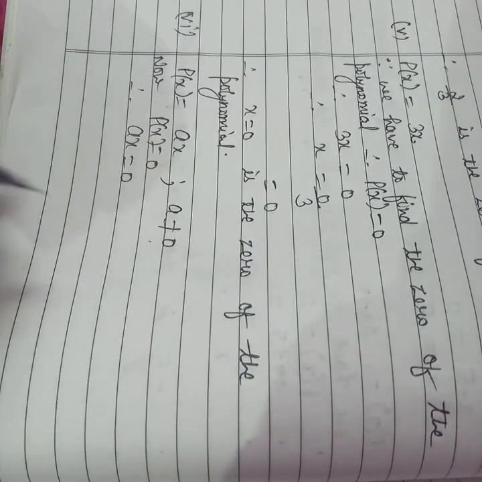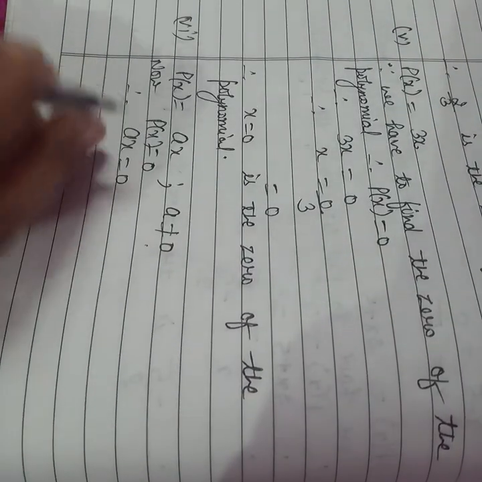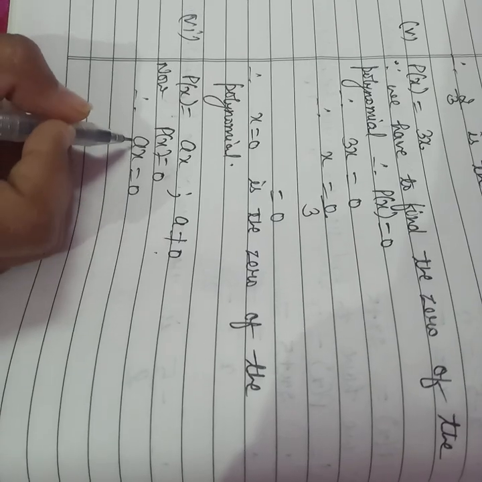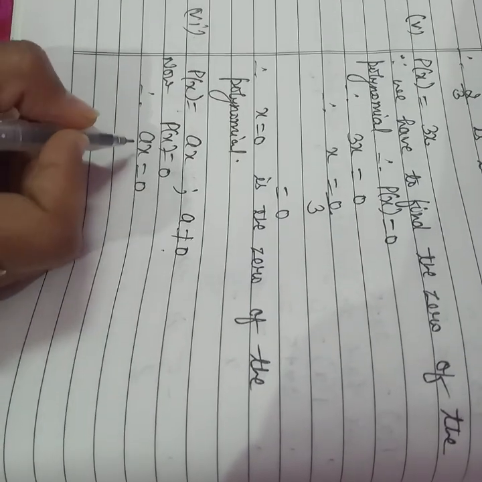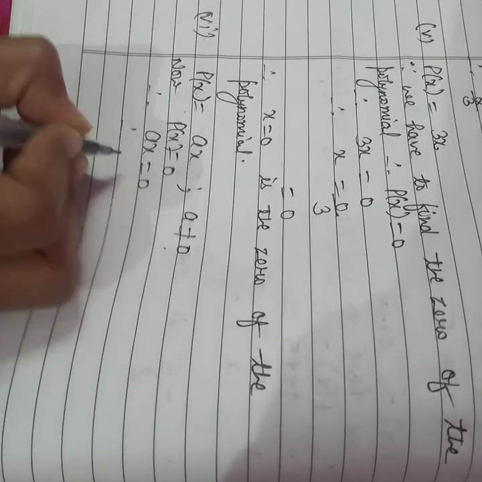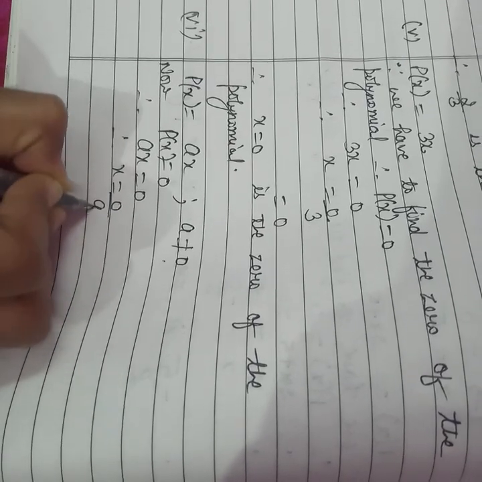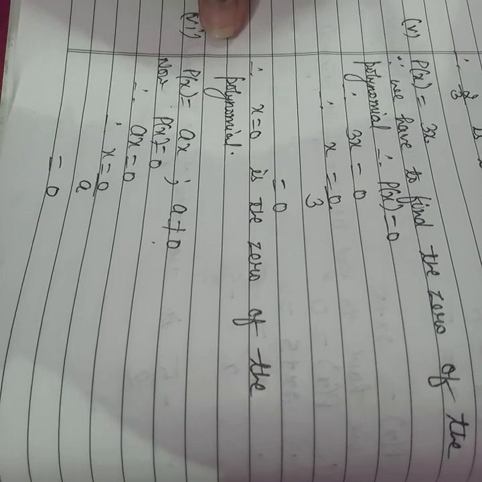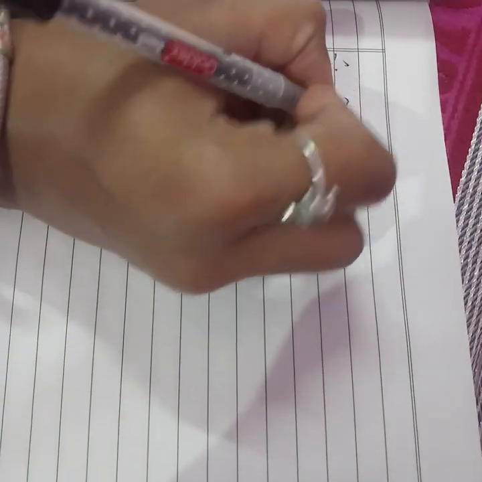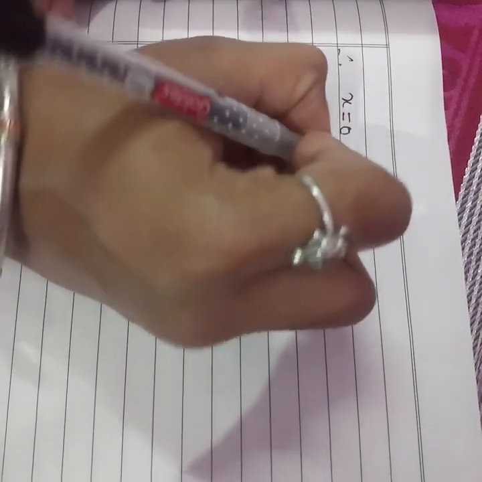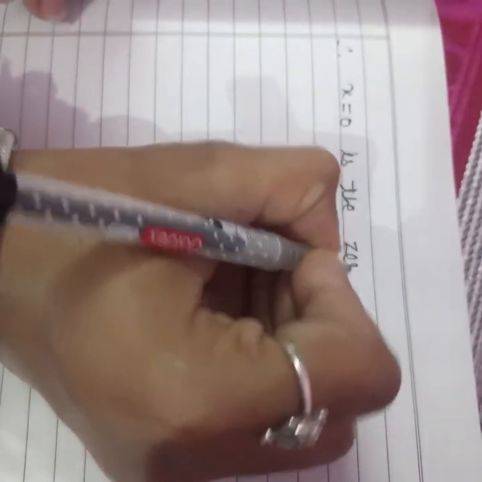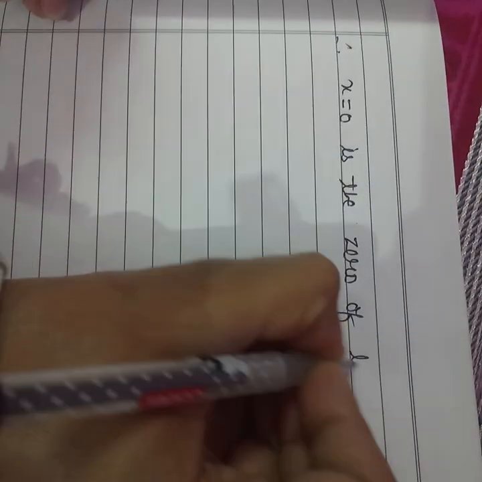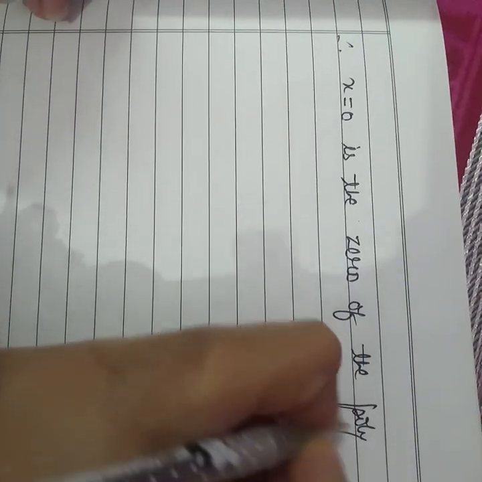Here a is not equal to 0, and when we multiply two numbers in which one is not equal to 0, then the other number must be 0. Therefore x equals 0 by a, which is again 0. Therefore x equals 0 is the zero of the polynomial.